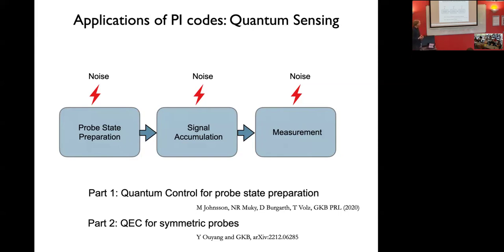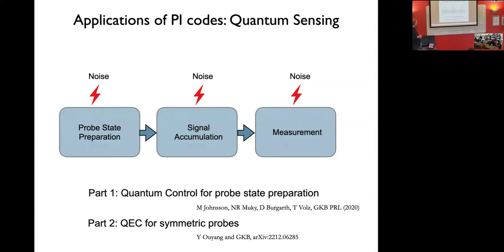So the real challenge has been to find a way to do quantum sensing with entangled states that doesn't get destroyed by decoherence. So we looked at this process where you would prepare some entangled probe state.